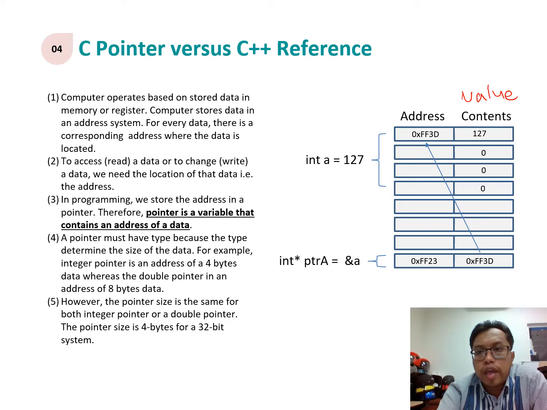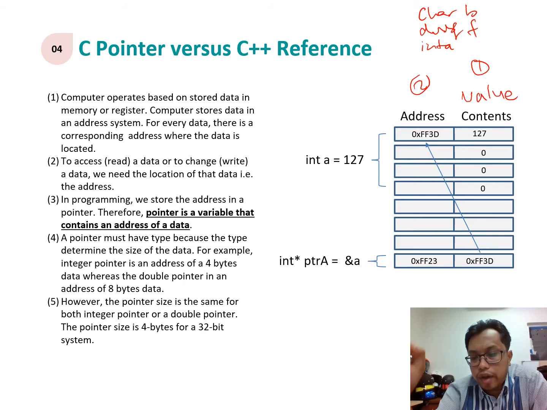The other one is the address. This applies to any variable, whether a character, a double, or an integer. It contains both value and address. Remember that, that's the first thing.